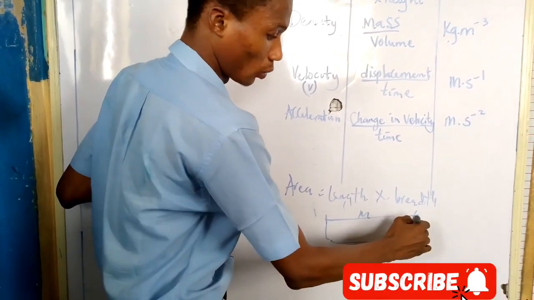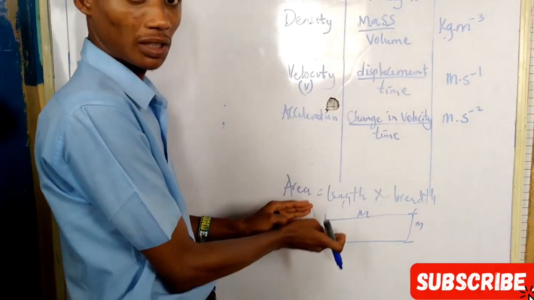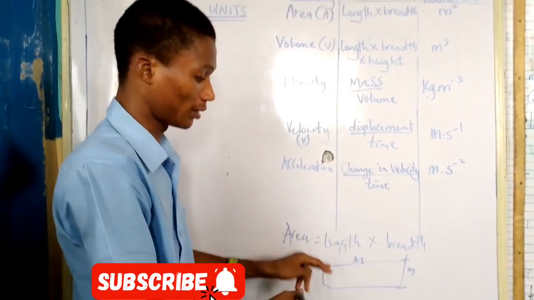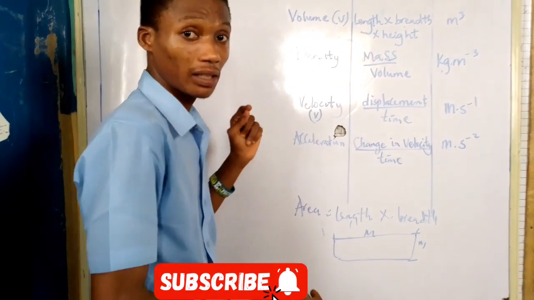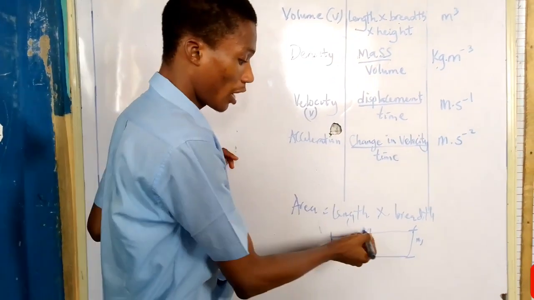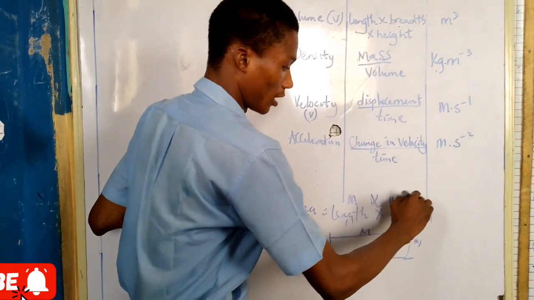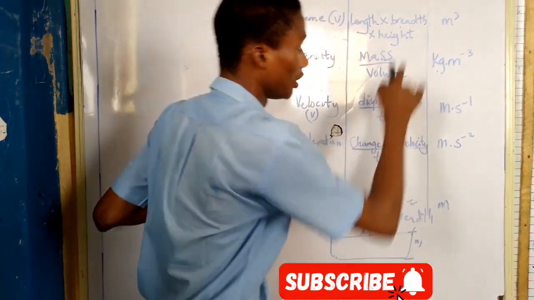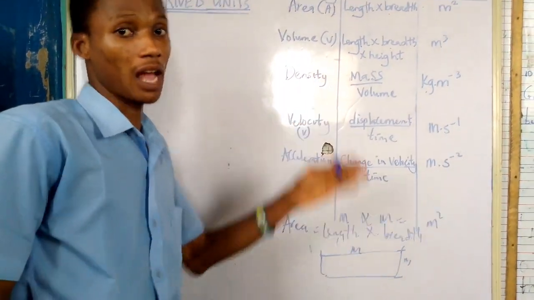They are all measured in what? In meter. We only use length to represent the longest side and use breadth to represent the shorter side. So now you're having length times breadth, which is meter times meter. Then it gives you the unit of area as meter square. M times M, that's meter square.